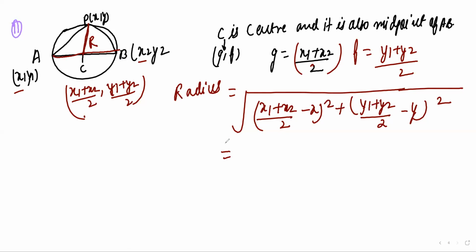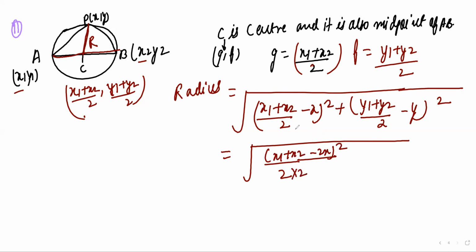After taking the LCM, which is 2, it is x1 plus x2 minus 2x, whole square, divided by 2 into 2, plus y1 plus y2 minus 2y, whole square, upon 4. Is it clear? Yes, sir. Okay.